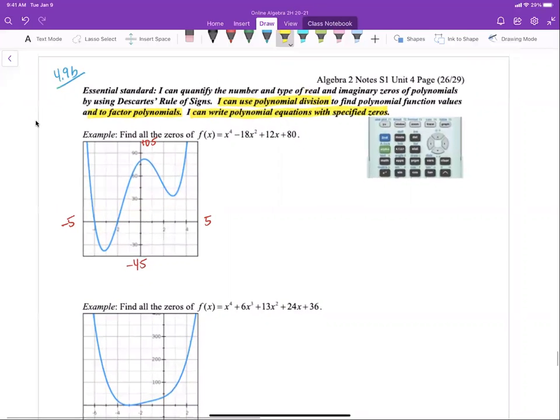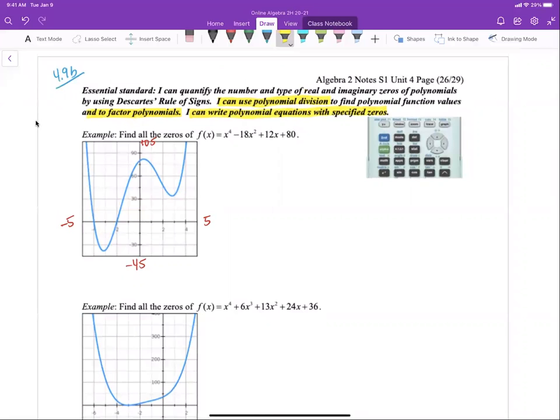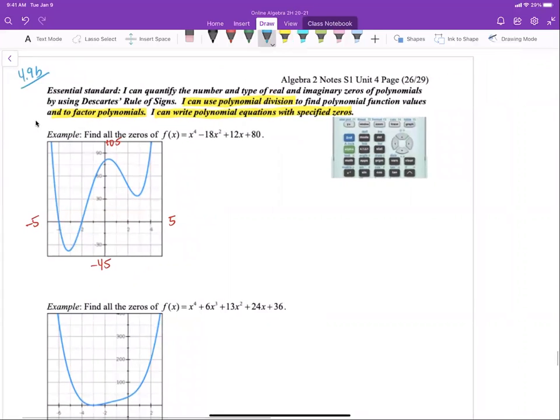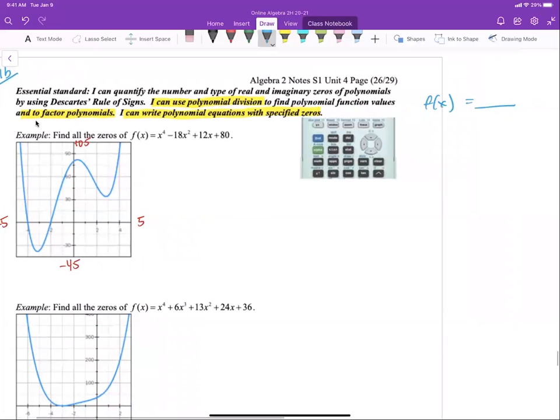Now I'm going to take you back and recall that if I give you a polynomial and I tell you x minus c is a factor, find the other factors using synthetic substitution, I would divide that polynomial by c, and what I would get left should have a remainder of 0, and then I can factor the rest, okay?